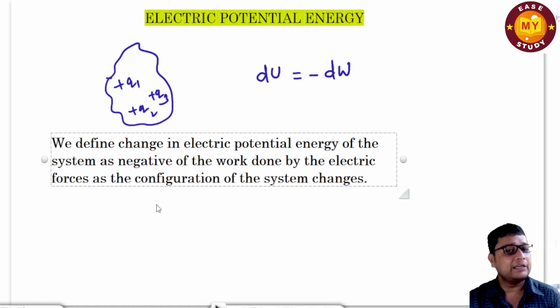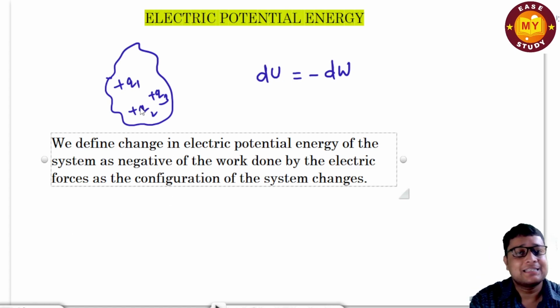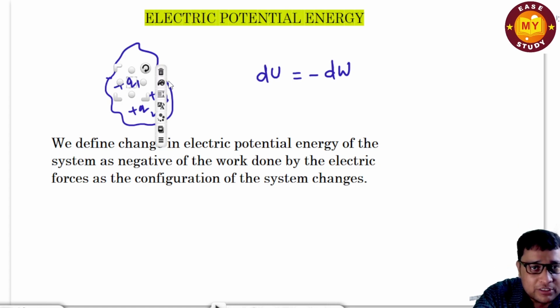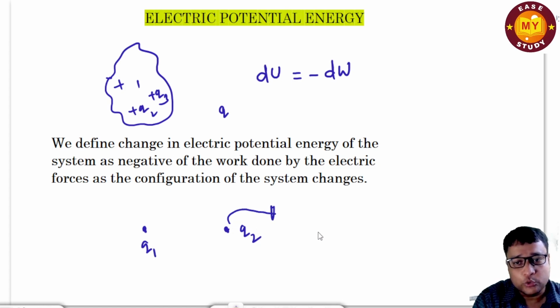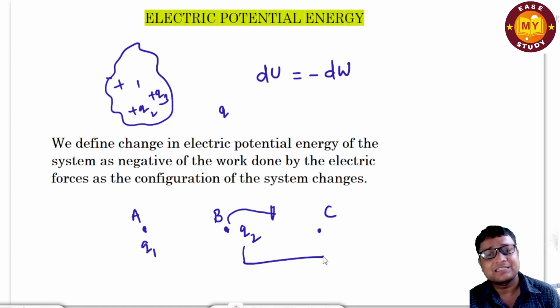So what exactly are we doing here? We are moving the charges. If you want to push these charges, if you want to displace a charge, for example, Q1, and here there is another charge Q2, and if you want to move this charge Q2 to some other location, say it is at A, it is at B, now you want to move charge Q2.